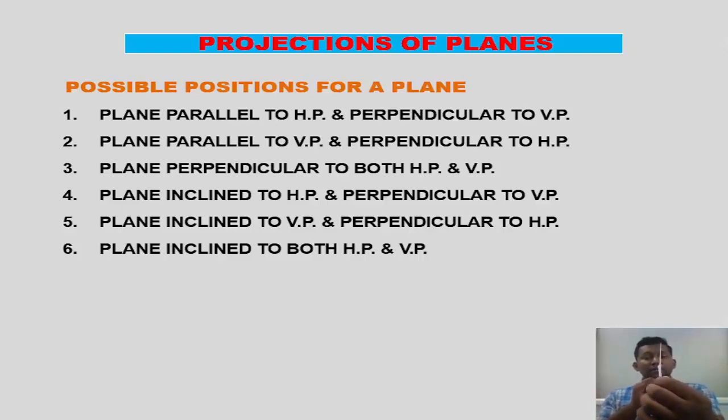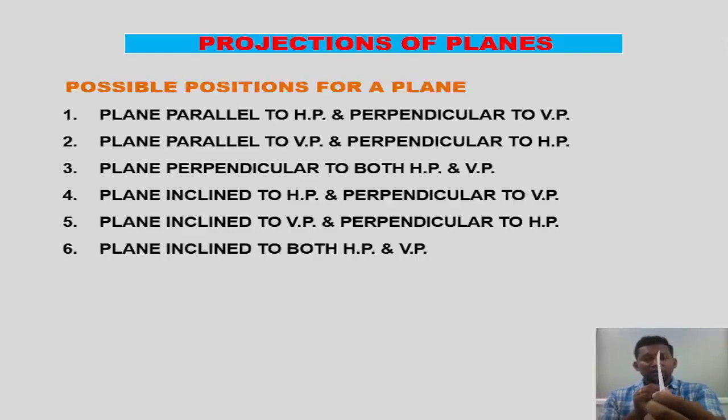The plane is actually parallel to the PP. PP is nothing but the profile plane. So what is the profile plane? It is an area where we project the side views. You might already know that the front views are projected on the vertical plane and the top views are projected on the horizontal plane, and now I am telling you that the side views are projected on the profile plane.